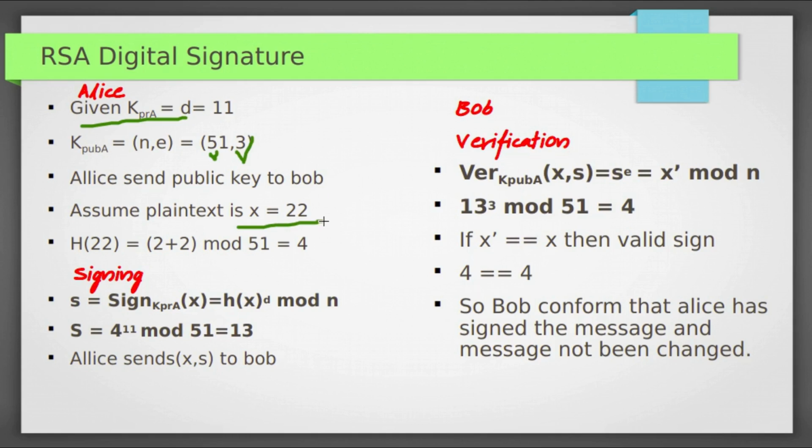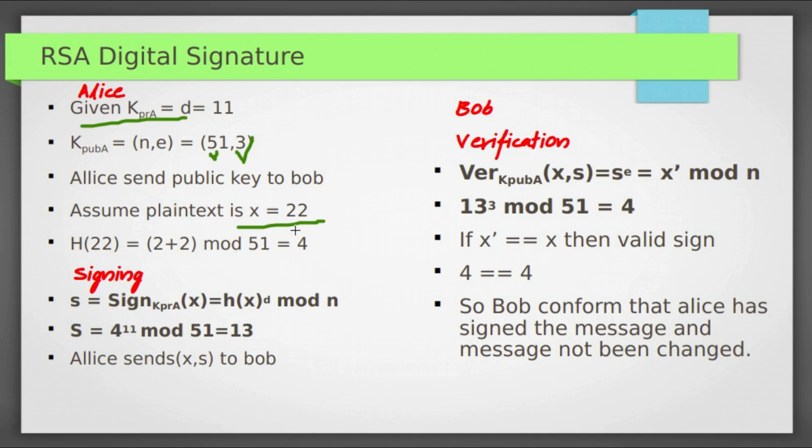Here we need to find the hash of the message. I am not using a real hash function because it will give a big number as output. Assume some artificial function which takes a number as input, sums up all the digits within this number and performs mod n on the result.